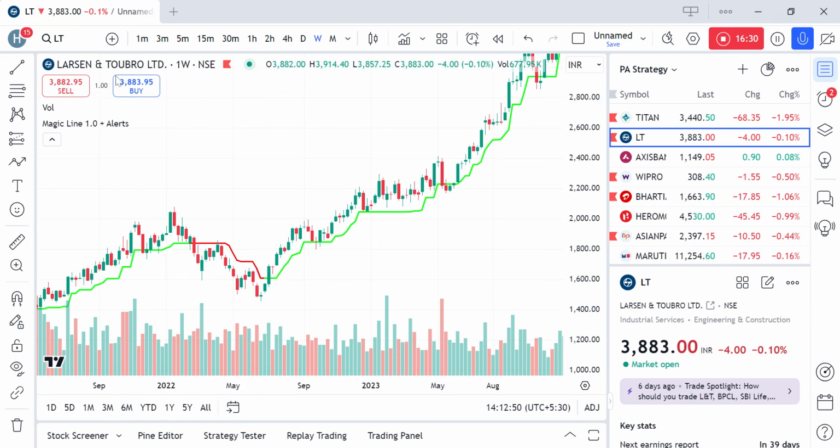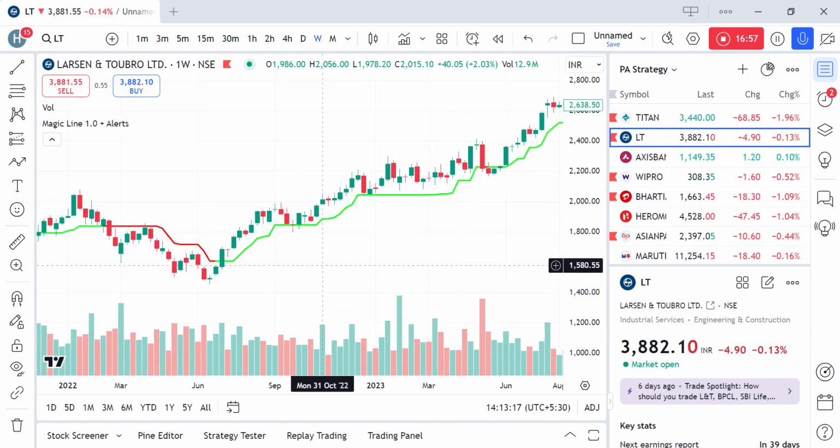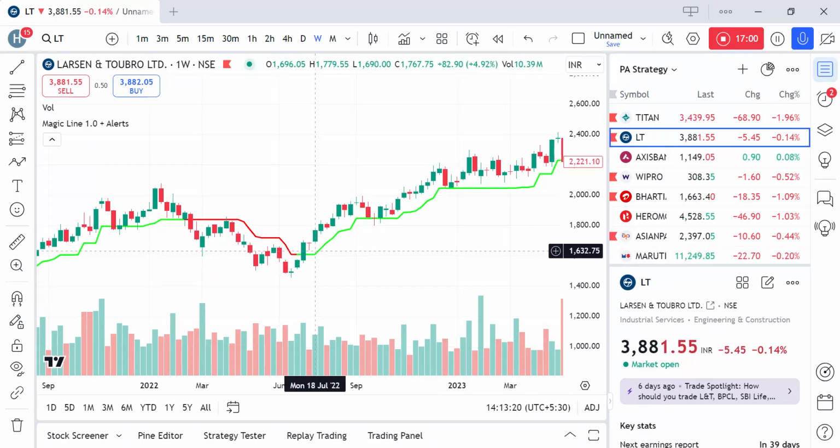Like in this LNT, I am seeing that in July 2022, this particular week has shown a crossover from our magic line. And after the crossover, in the next week, there was a retracement, and still there was a buying trend, right?